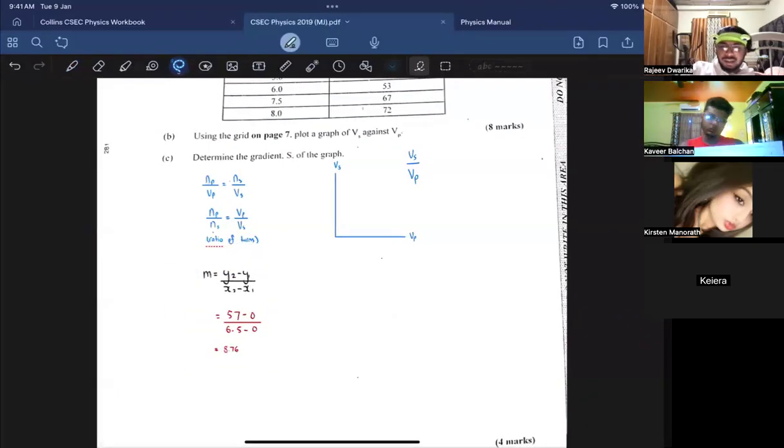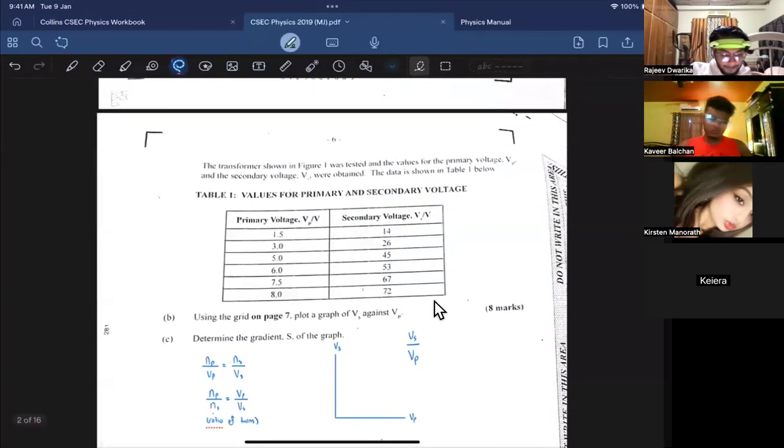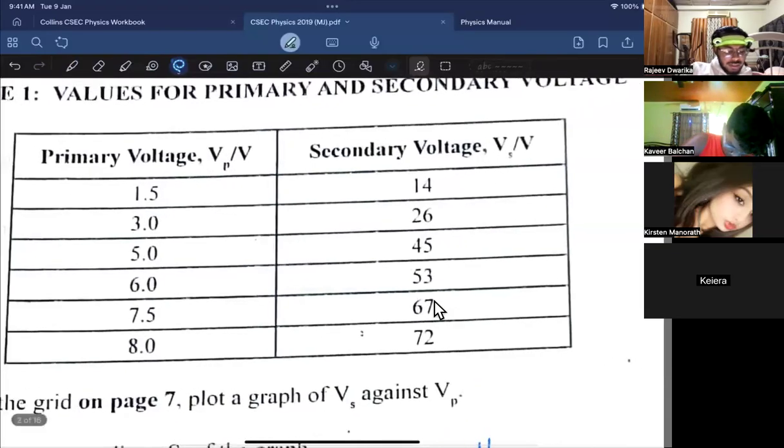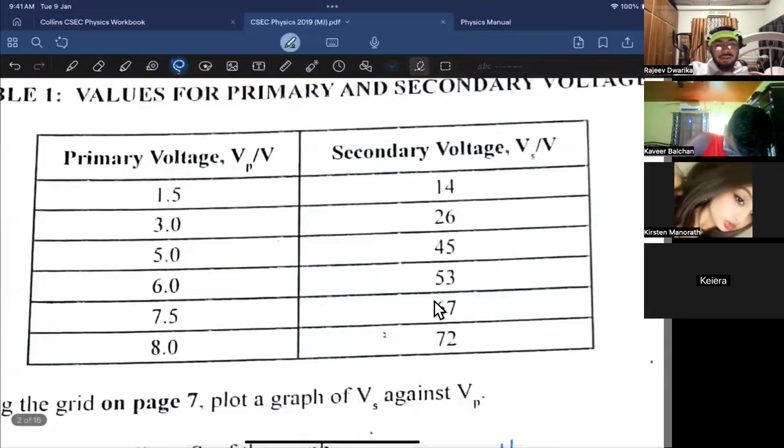Justin, Kiara, and Kirsten, before we do anything, let's observe something. Do you all think that this is a step up or a step down transformer? What do you all think?